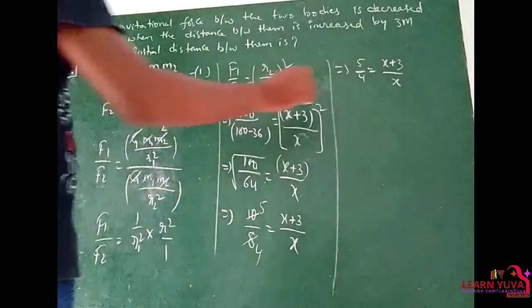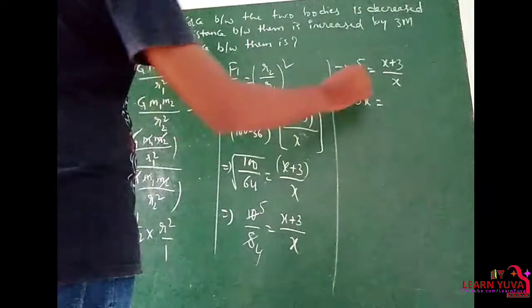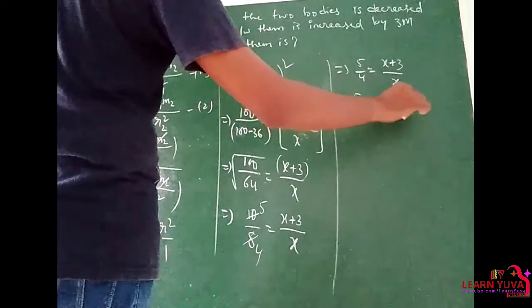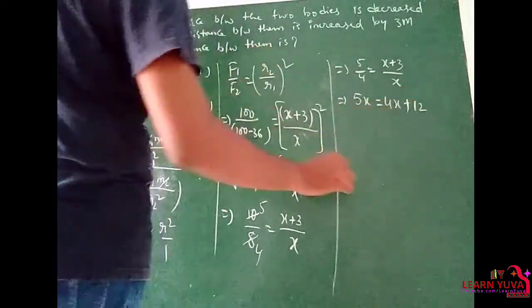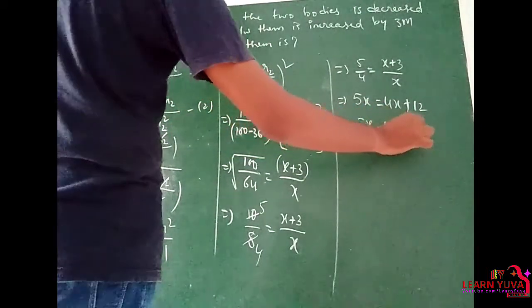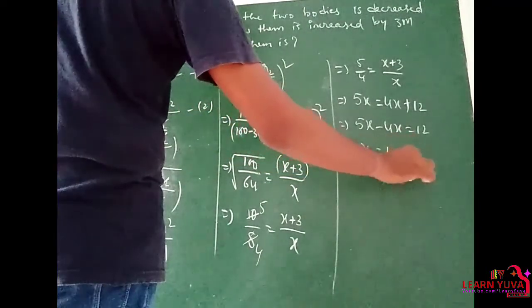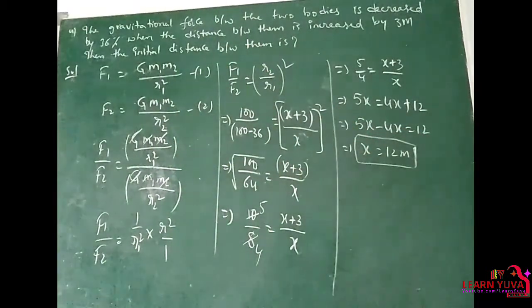Do the cross multiplication: 5x is equal to 4x plus 4 into 3, which is 12. So 5x minus 4x is equal to 12. That implies x is equal to 12 meters. Right? So the x value is 12 meters.